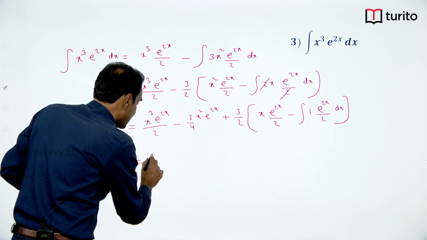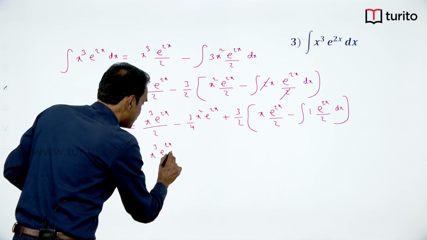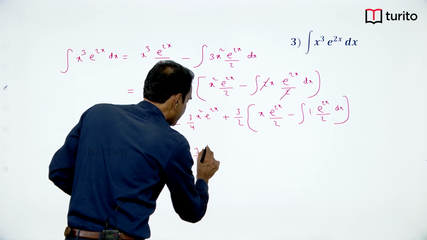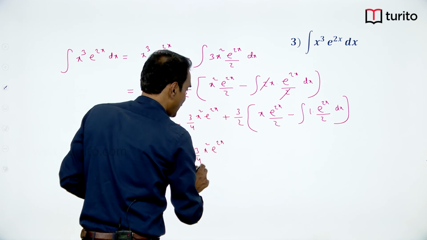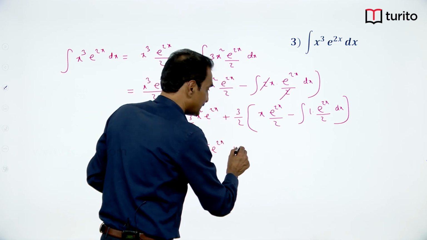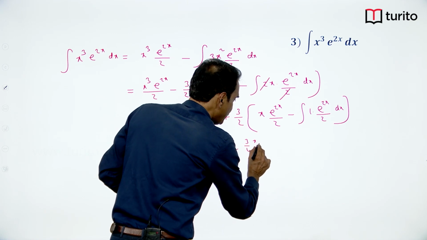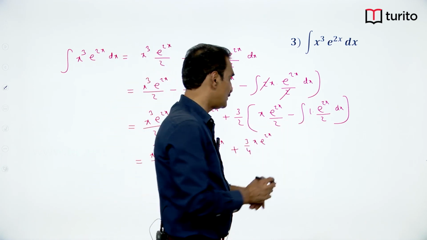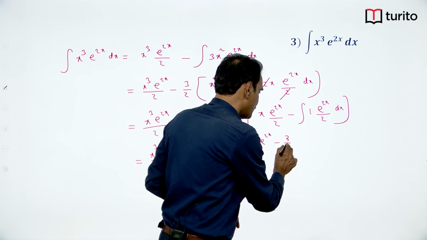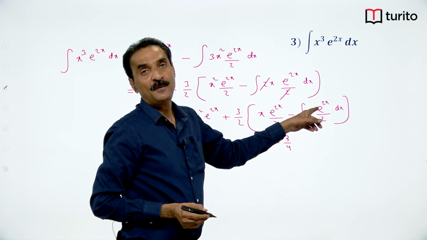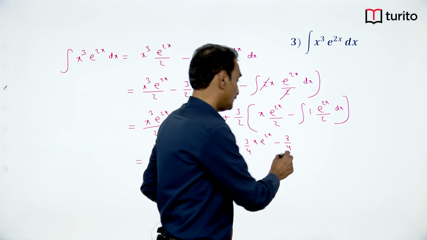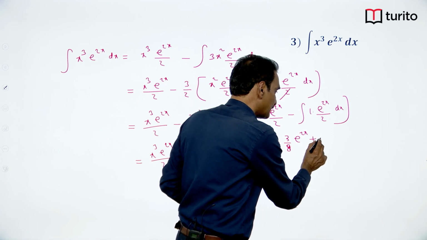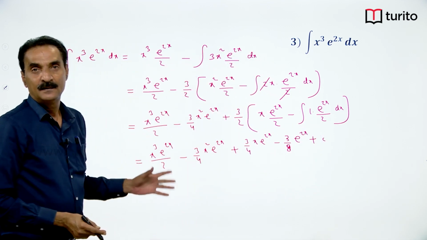This is x cube e power 2x by 2 minus 3 by 4 x square e power 2x plus this into this, 3 by 4 x e power 2x, 3 by 2 into 1 by 2 here minus 3 by 4 into integral of e power 2x is e power 2x by 2. So this becomes 8, plus c. This is the final answer.